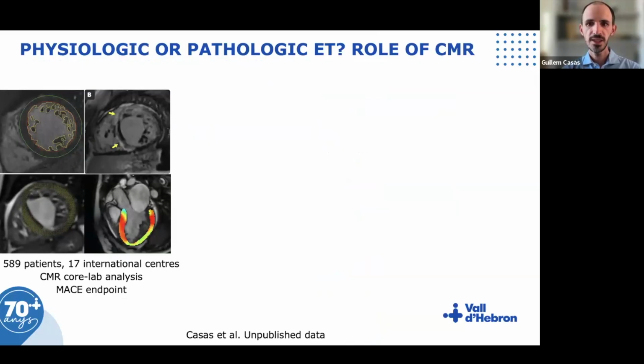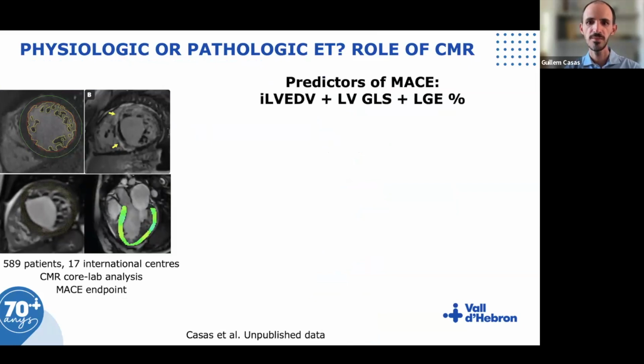Recently, we finished a very large international study where we performed CMR core lab analysis at our institution, and we saw that the independent predictors of MACE were indexed LV end-diastolic volume, LV global longitudinal strain, and the percentage of late gadolinium enhancement.